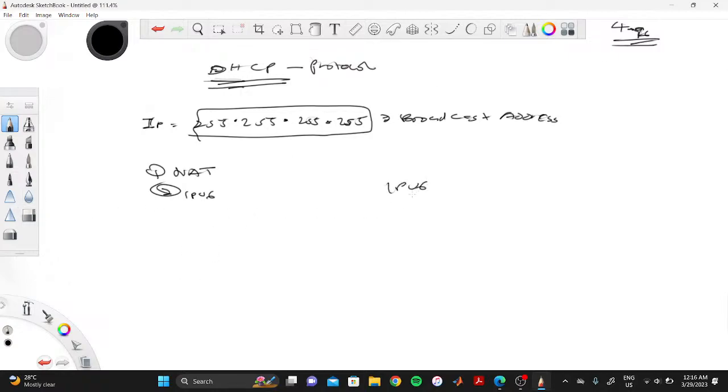Let's talk about IPv6. IPv6 was brought in to mitigate the running out of IPv4 address space. The innovation is that it has a 128-bit address.